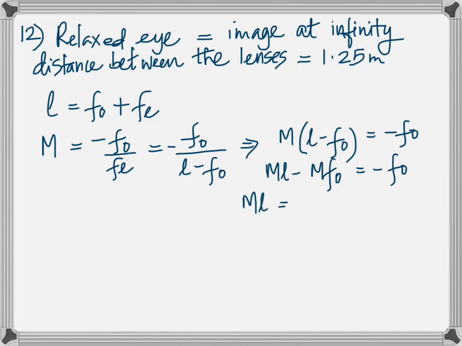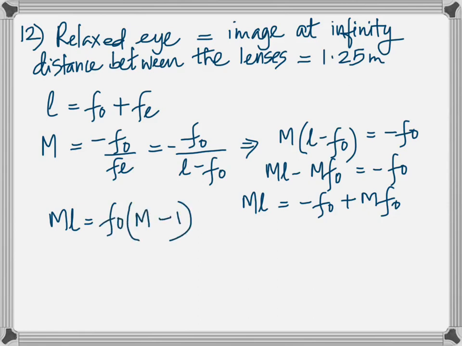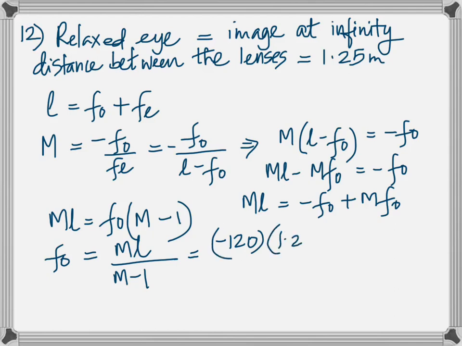Substitute for FE as L minus FO. And now we have to rearrange and make FO the subject. Distribute the M's there and then bring the FO terms together, being very careful with the sign. Finally, you get FO onto one side and substitute. Magnification is negative 120. Remember, it's a virtual image for a telescope.